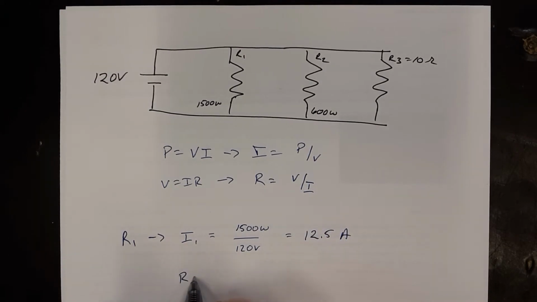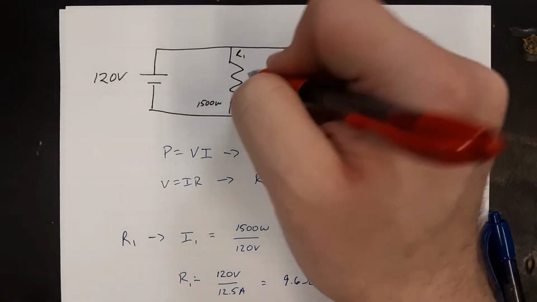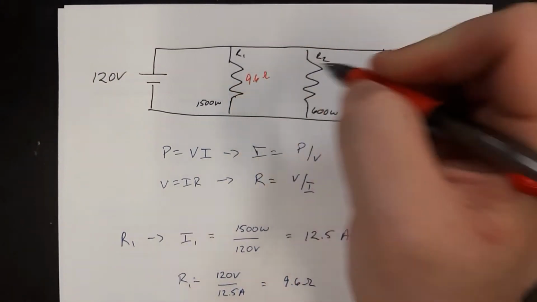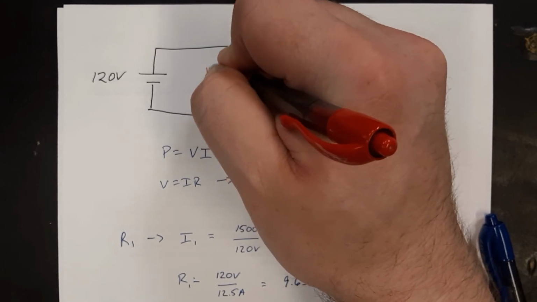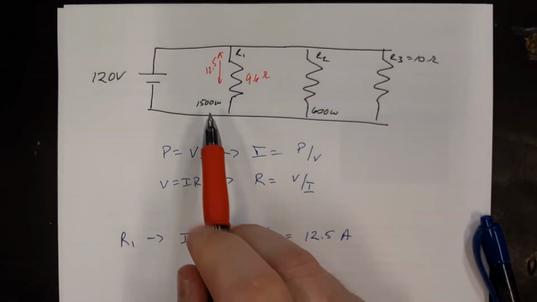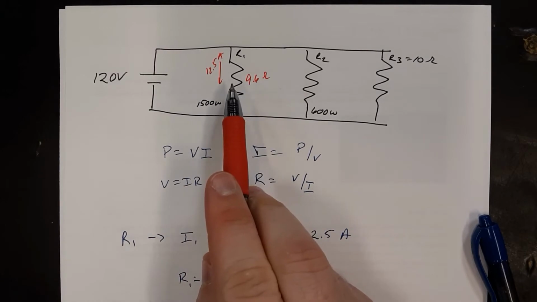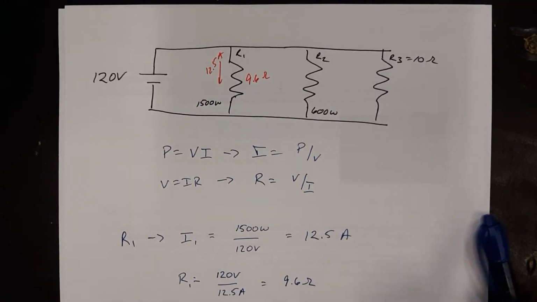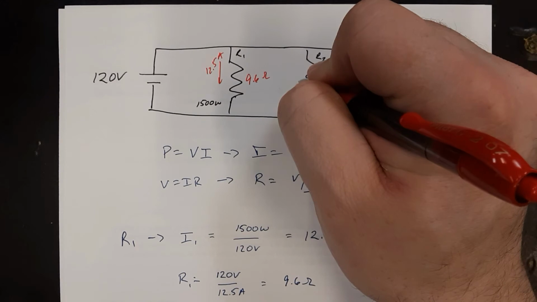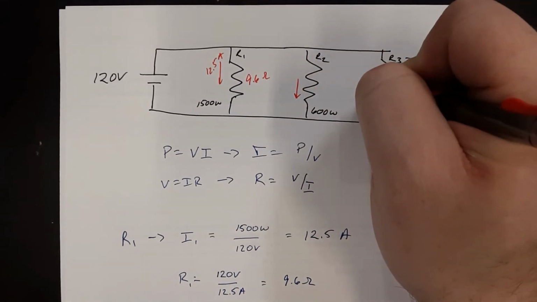And then the resistance is going to be 120 volts over 12.5 amps, and that is 9.6 ohms. So we're going to remember these things. All right, this is 9.6 ohms, and the current through here is 12.5 amps. And it helps to draw this, if you're certain that it's right, draw it on your picture so you know how things are going. So there'll be another one here and another one here eventually.